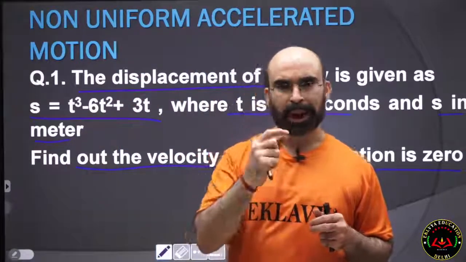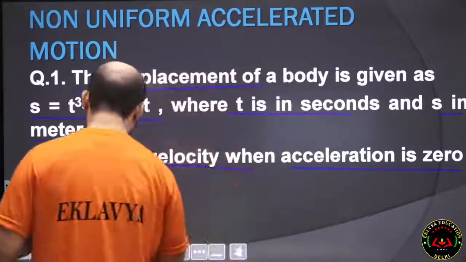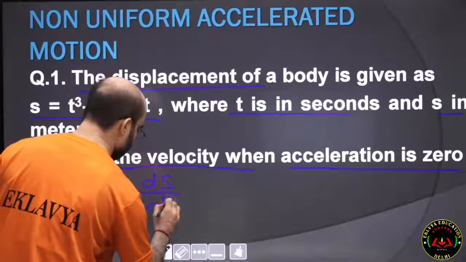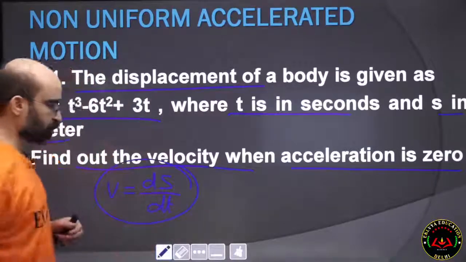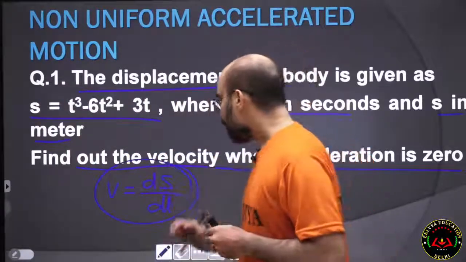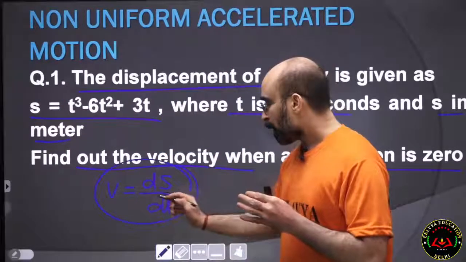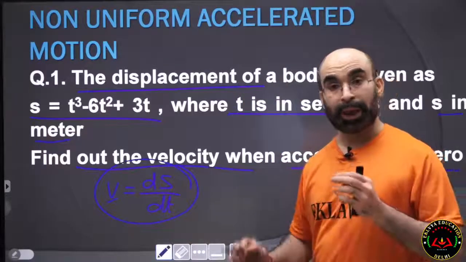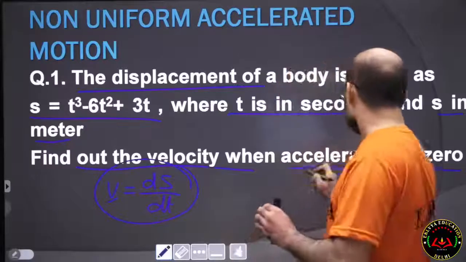Velocity equals ds by dt. We are aware of this, right? Where s is the displacement. We have to find out the velocity when acceleration is 0.